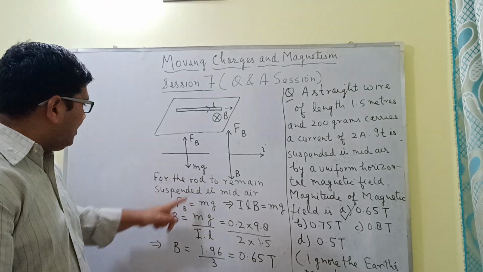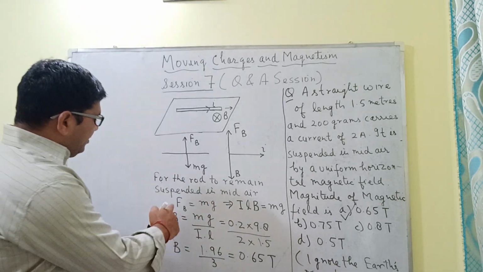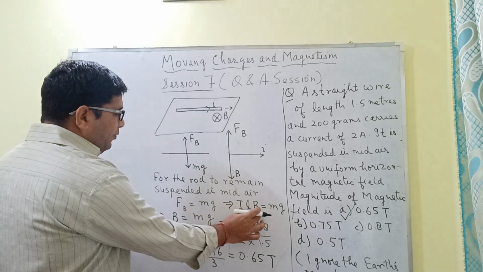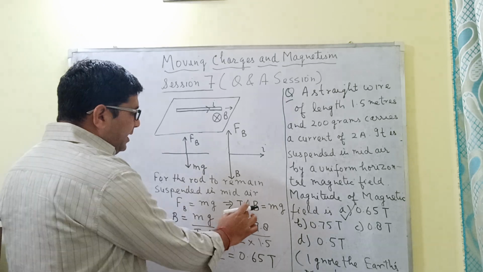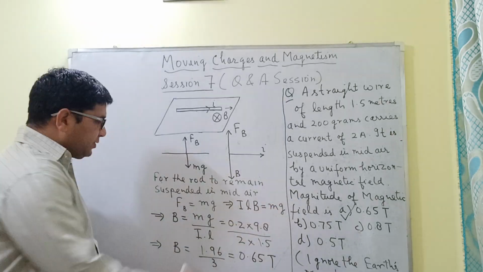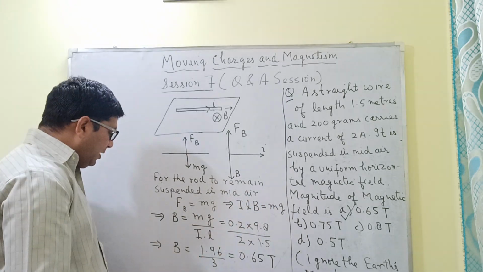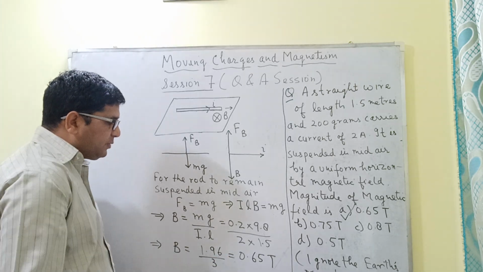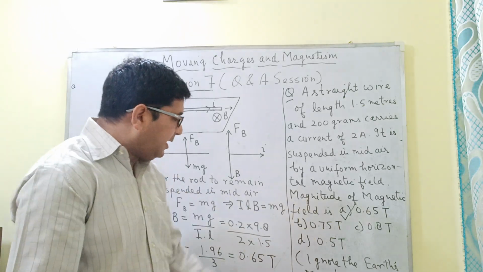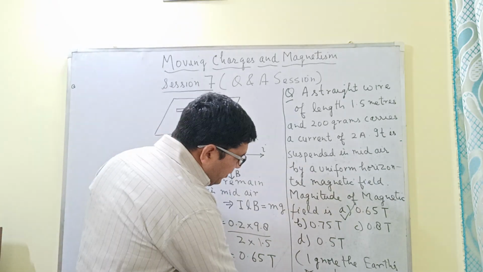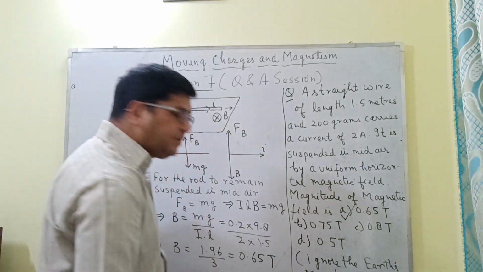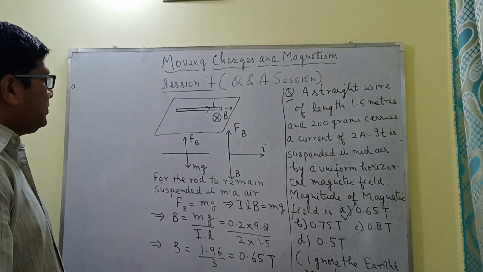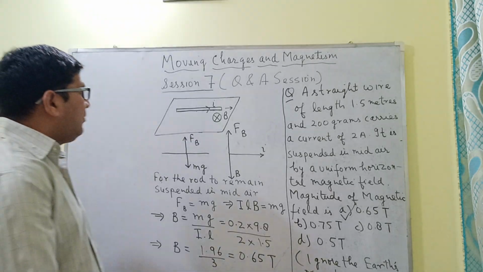Using this concept, FB, that is the magnetic force, will be equal to mg, and then I put the formula for this magnetic force, which is ILB, equal to mg. So we have found the value of the intensity of this magnetic field, which is equal to 0.65 Tesla. So the correct option is A. And here the most important thing is that we have ignored the Earth's magnetic field. So this is how we have to solve this question.